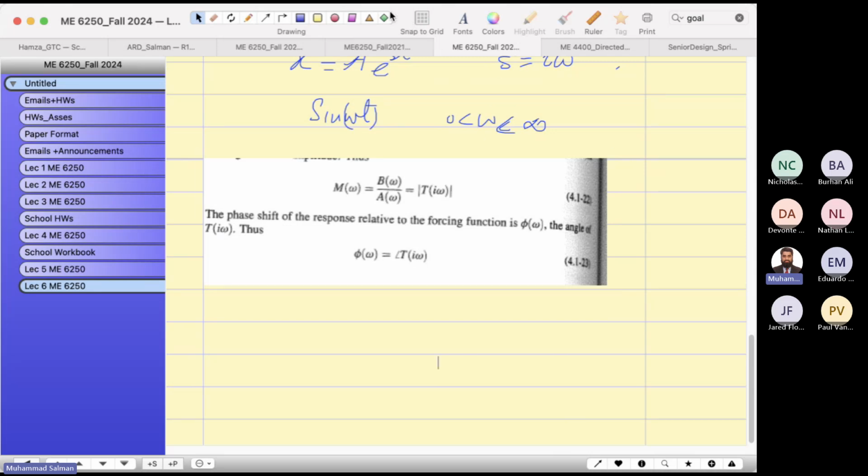Magnitude ratio, let me explain what M is. Suppose you have a mass, and you want to see what is the output over input, the magnitude ratio. For example, this is a mass and you give input force F, and this is the output.